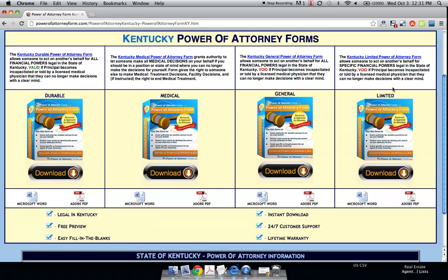Now, for all four of these forms, you're going to need to get them notarized. If you don't know what a notary is, don't worry. Just go to your branch bank with the person that you select, and you'll be able to get it notarized. If you have an account at the bank, it could be any branch bank in the United States, they all have notaries.